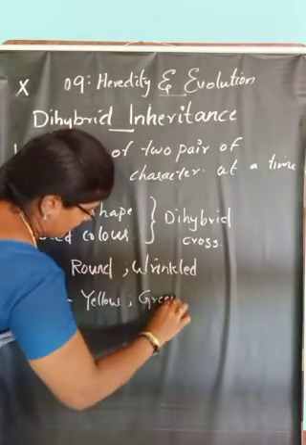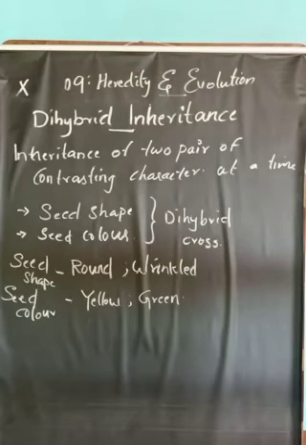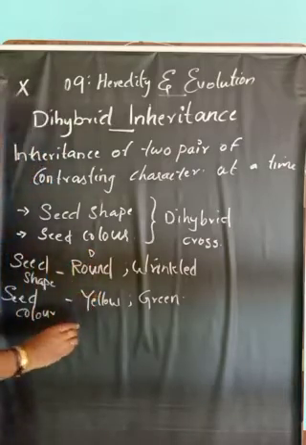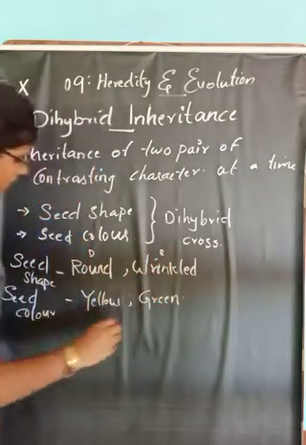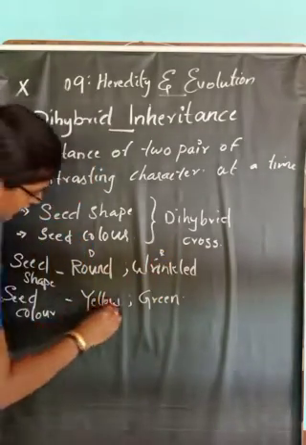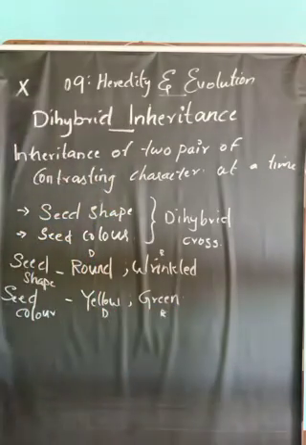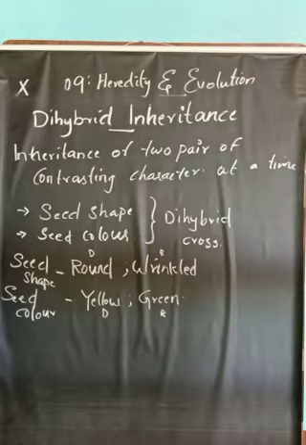By using the law of dominance we already found out which one is the dominant character and which one is recessive. In seed shape, round is the dominant character, whereas wrinkled is recessive. In seed color, yellow is the dominant character and green is recessive. So these are the basics regarding the dihybrid cross.